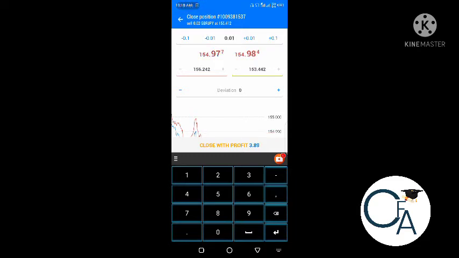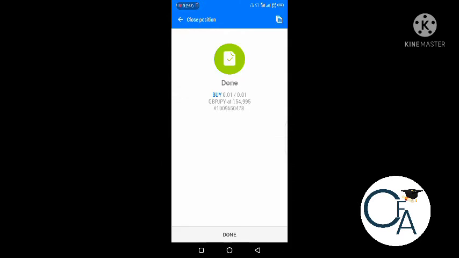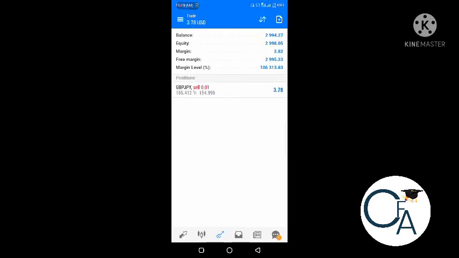I want to do that just because I want to lock this 3.7-something dollars. So no matter what happens in this market, guys, I know that this one I've locked is my own. Nothing can tamper with it. So I'm going to close. So I have closed. Now, are you seeing that what is running right now is this?